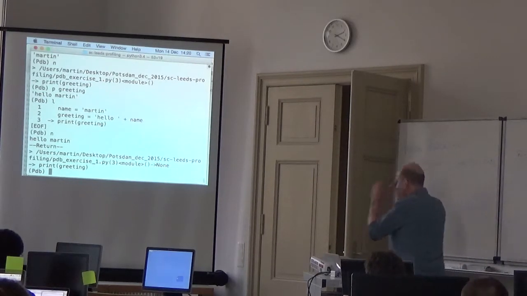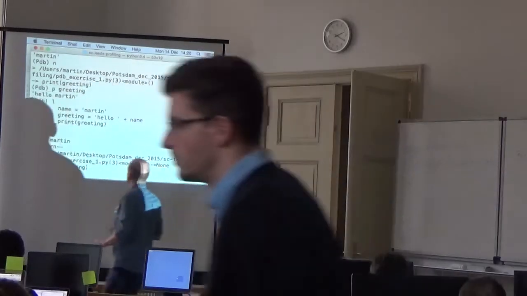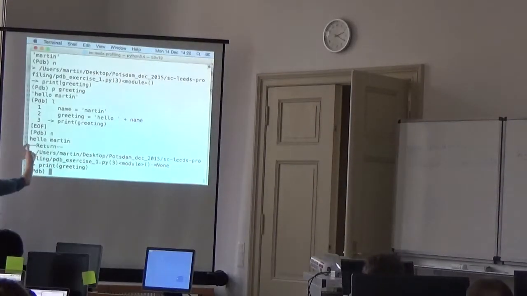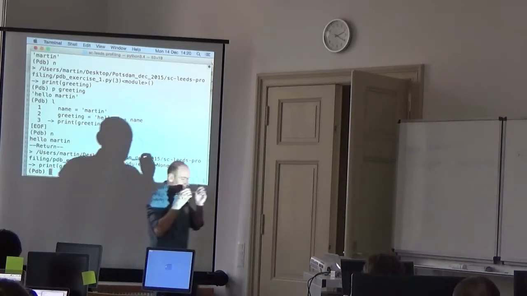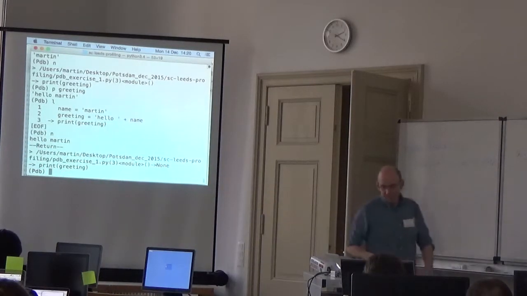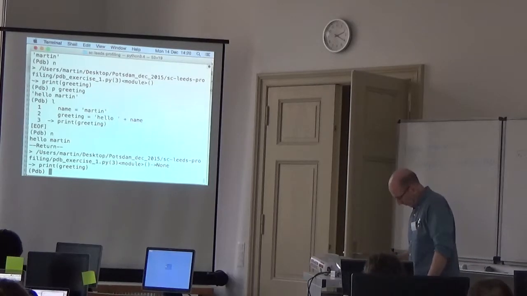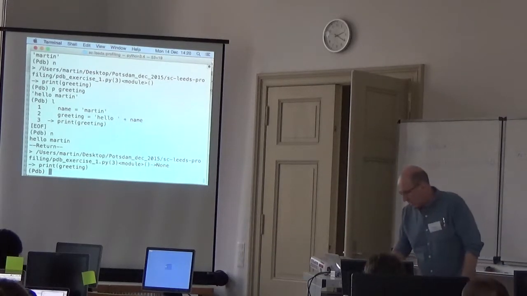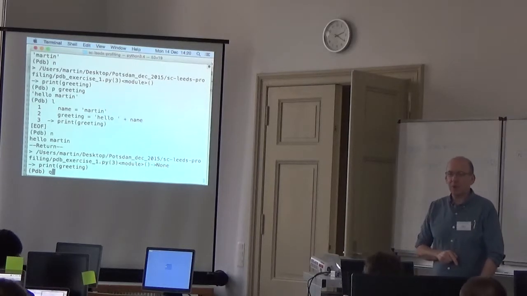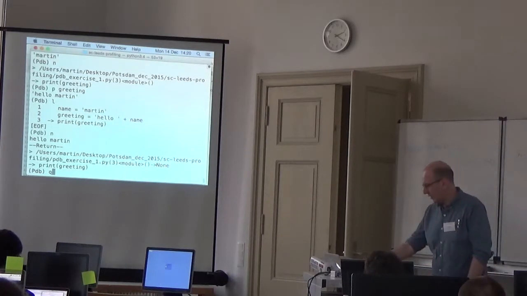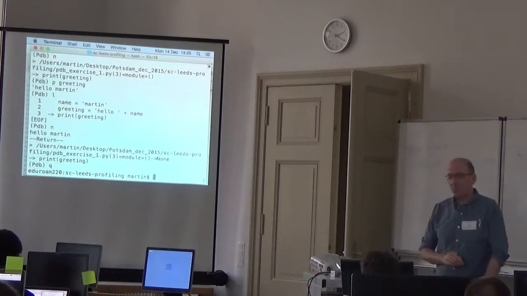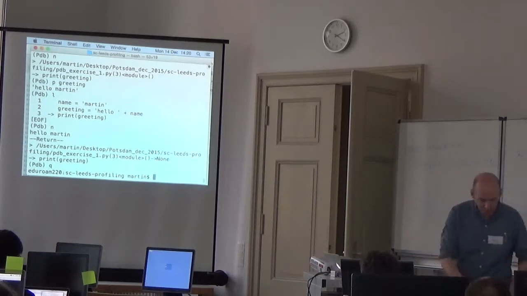As you can see, it's executed the print command and it's finished. Most importantly, to get out of it, Q to quit. And then we're back at our bash command prompt again.